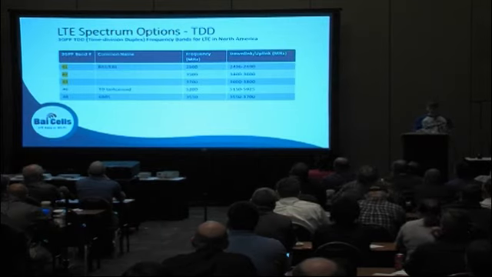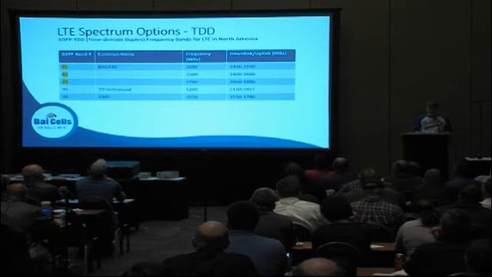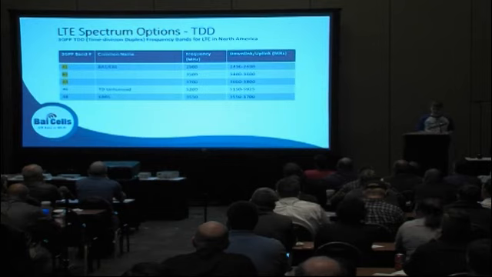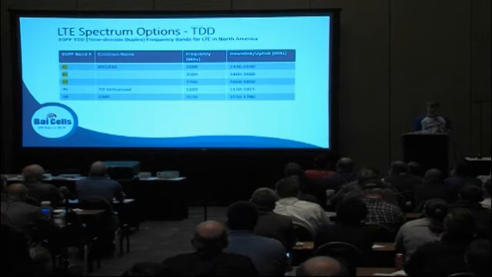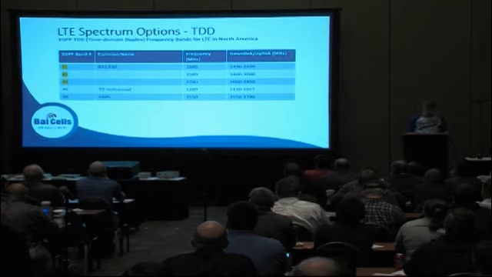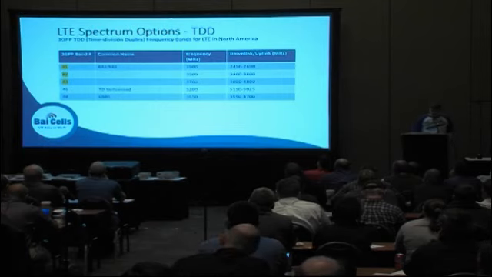And actually, the CBRS Alliance was able to get a whole new band approved just for that band, and that's where we have band 48. So once CBRS is approved, our hardware will also be called band 48 as well. Anyone that has 2.5 would be in band 41. And 46 is not really being used right now, but is up and coming, and that would be part of the LTE-U for 5 gigahertz.